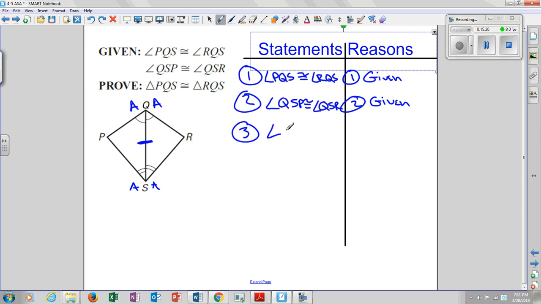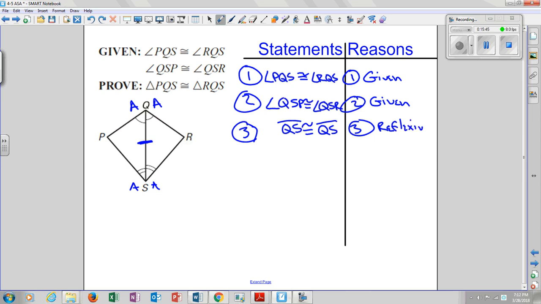So you know that QS is congruent. It's not an angle, that's a side. QS is congruent to QS. And anytime anything is congruent to itself, you know that that is the reflexive property. Now when we look at this, I see an angle, a side, and an angle.